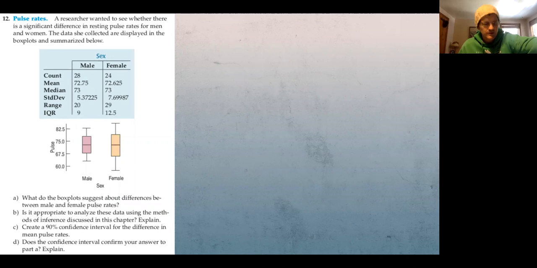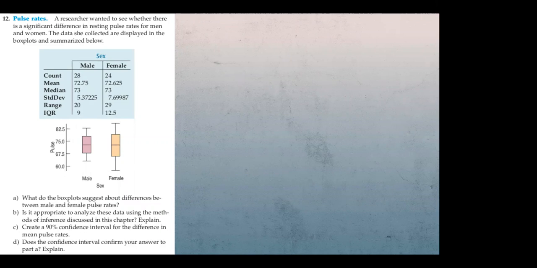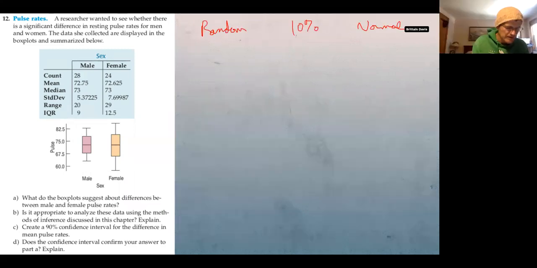Okay, so that's good. I'm glad that you're putting it into those terms. So the conditions, is it random? Yes, I think it's safe to say. It doesn't explicitly tell us that, but it's a pretty safe assumption if it comes from research.